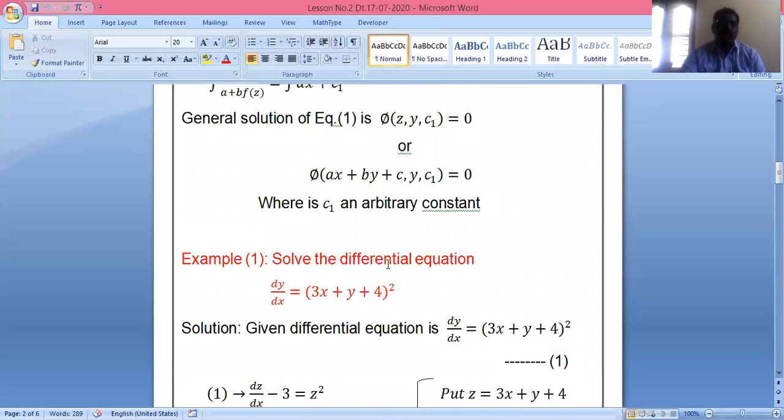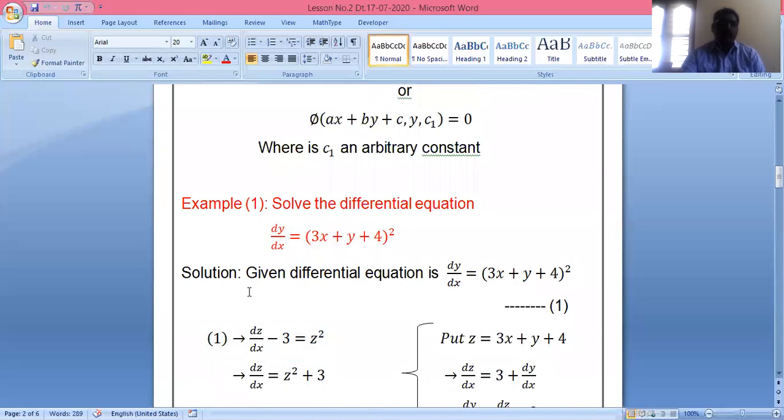Solve the differential equation dy by dx is equal to 3x plus y plus 4 whole square. Given differential equation is dy by dx is equal to 3x plus y plus 4 whole square. Let this equation be 1.